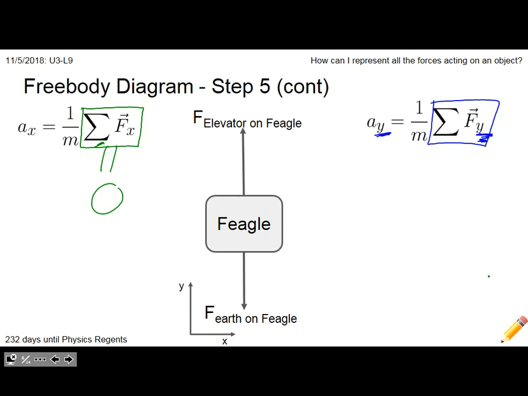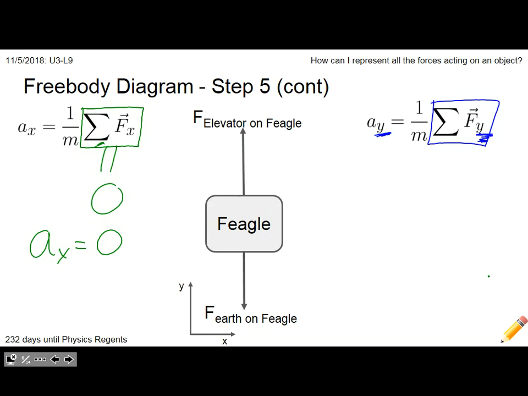What can you conclude about the acceleration if the sum of the forces is 0? What should a be equal to? It's not a trick question. 0, right? So right away, we got some information really quickly. We got that acceleration in the x direction equals 0. Remember, that has a special name.